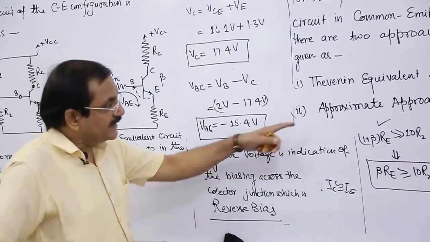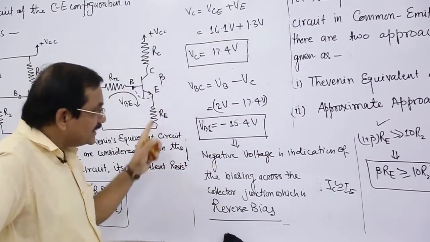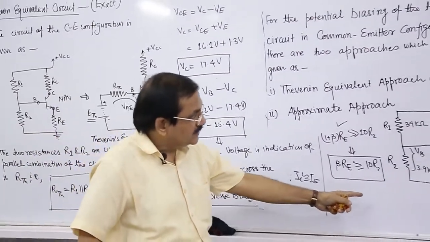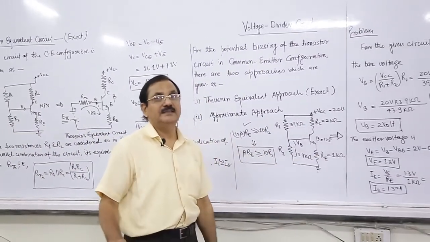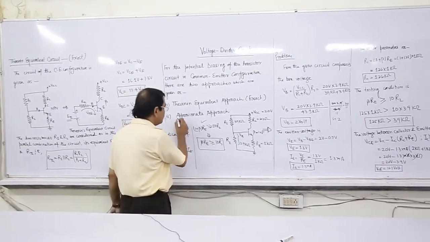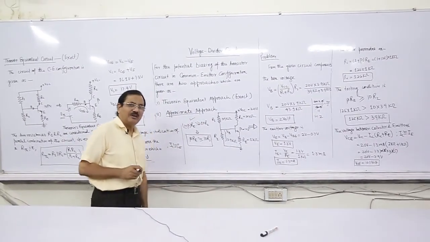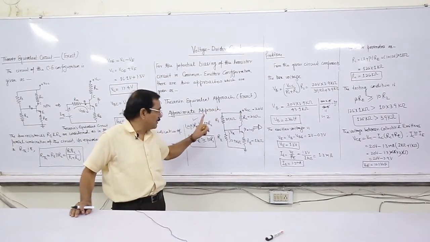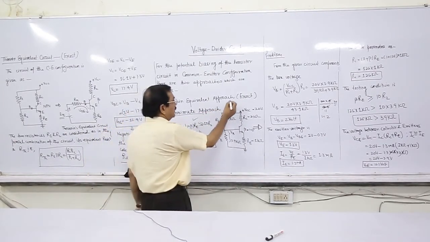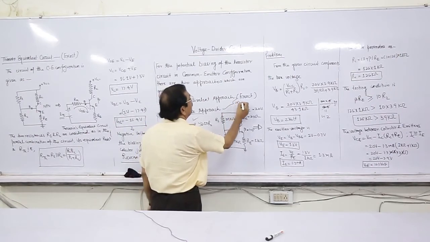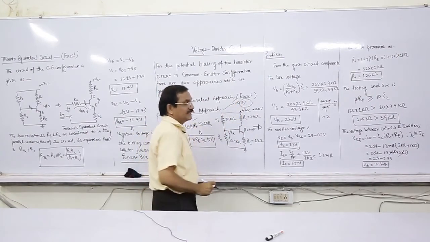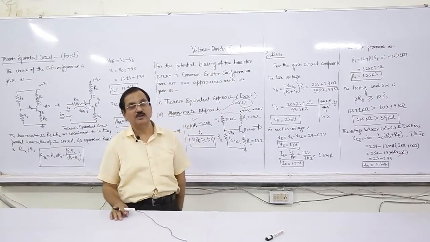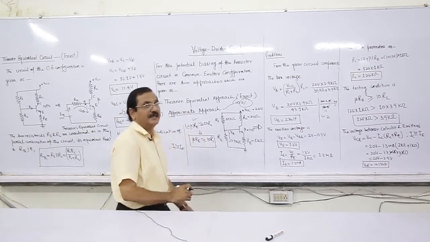So, generally in practice, this mechanism is followed in the approximate approach, and the difference from exact approach to approximate approach is about 2% variation of the voltage and current.